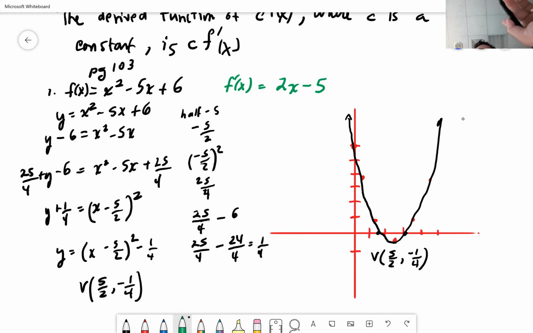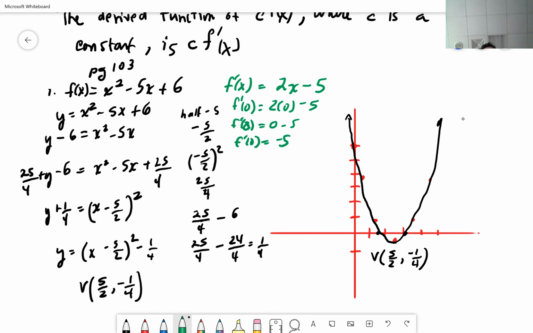If we look at the derivative to the left of the vertex, let's say you pick 0 for x. f prime of 0 is 2 times 0 minus 5, which comes out to negative 5.